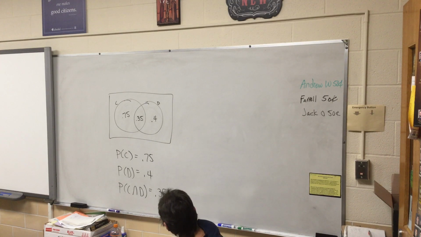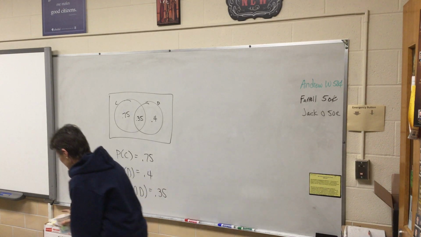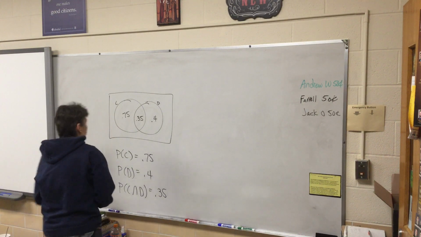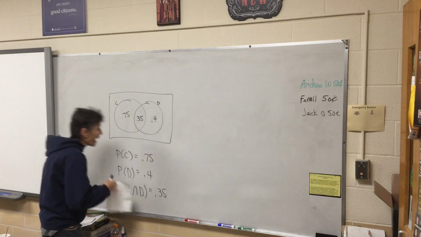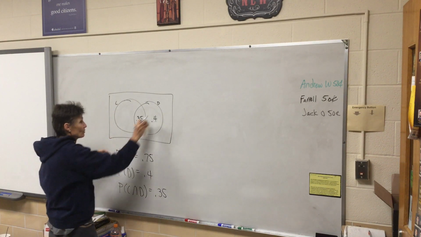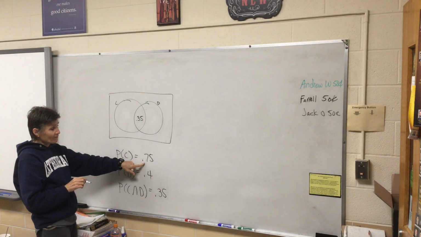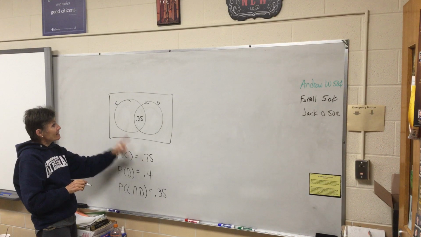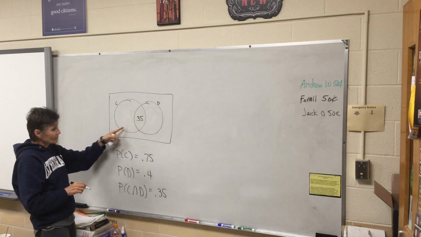So does anybody have any ideas on how we might fix some of this? The 0.35 is exactly right. We're not changing that. So good job with that one. What this 0.75 represents, though, kids, is the entire C ball.